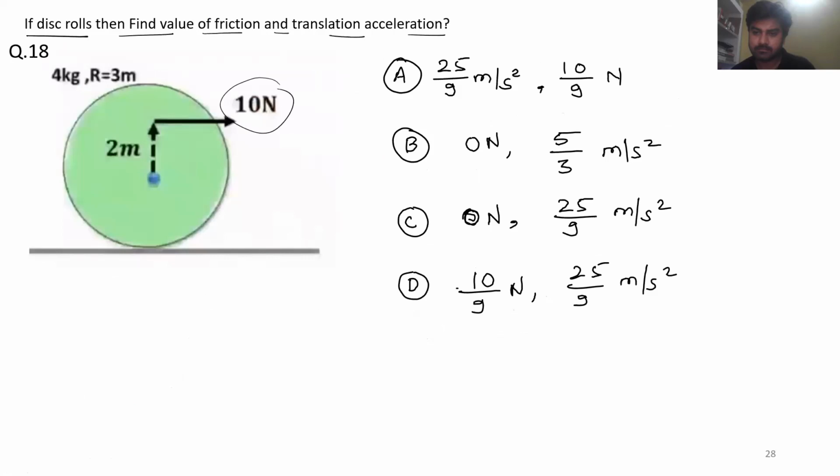Rolling without slipping. So first of all, we have to find the friction force. Of course, it is rolling, if it is rotating like this, right? So there will be friction in the opposite direction, which is like this. And also translational acceleration. So this disc is moving forward also, so it will have some translational acceleration also. So that we have to find.